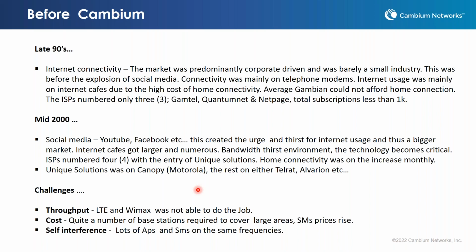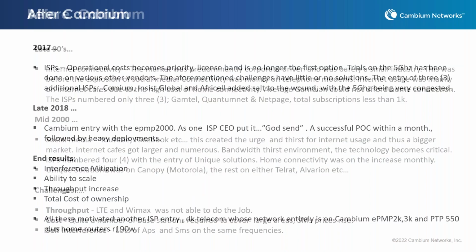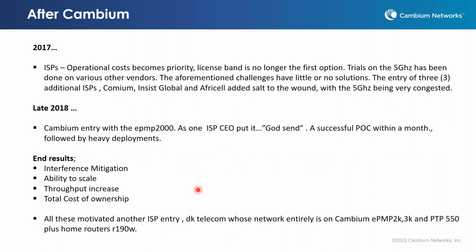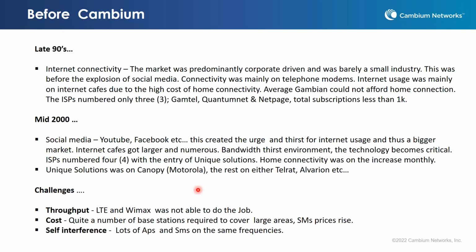Eventually there was an evolution from the ePMP 2000 to the 3000 because of capacity, and since then we have been able to push a lot of ePMP 3000s in the market. The main challenges faced before Cambium came to the market were mainly throughput issues, CAPEX and also OPEX.